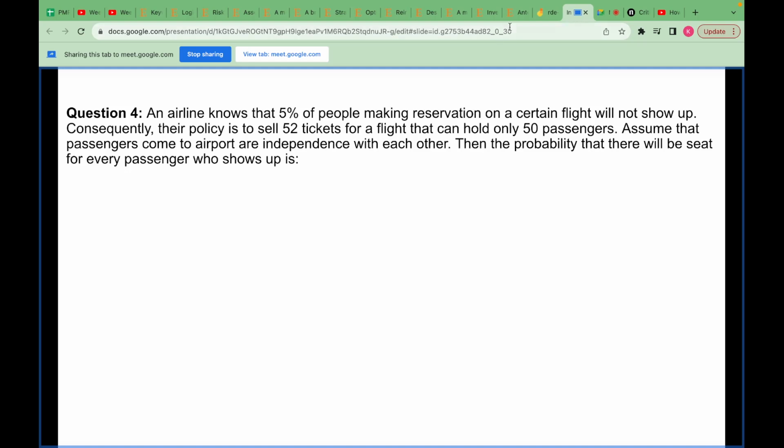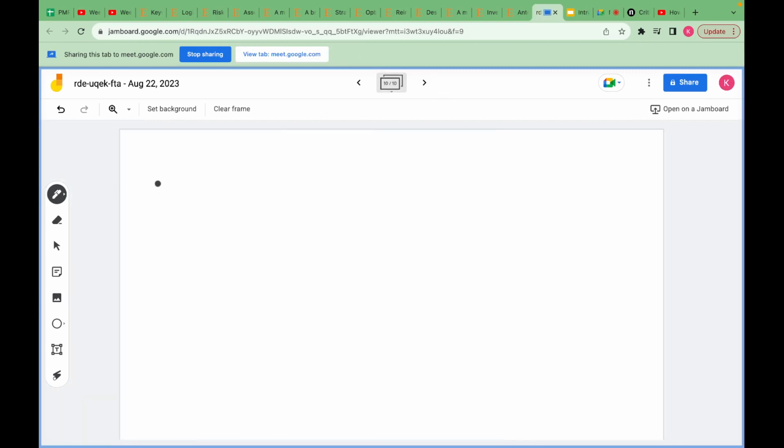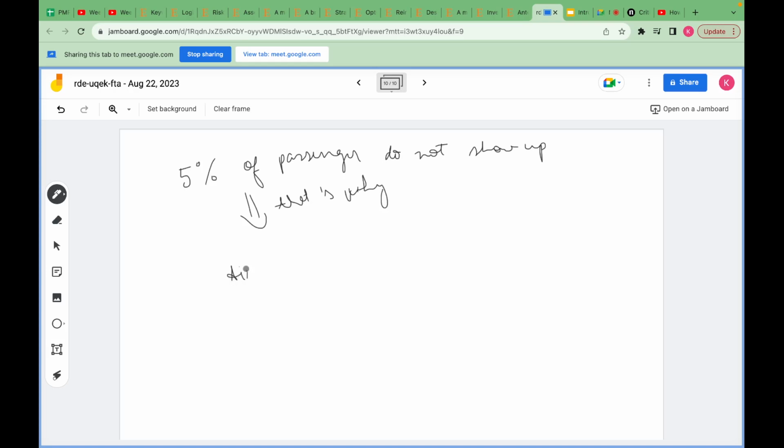So this is a little tricky question. We know that 5% of passengers do not show up, and that's why the airline books 52 tickets for only 50 seats.